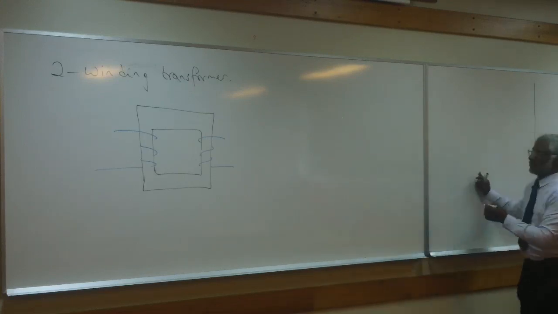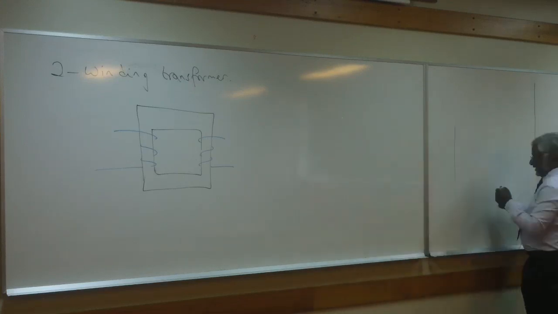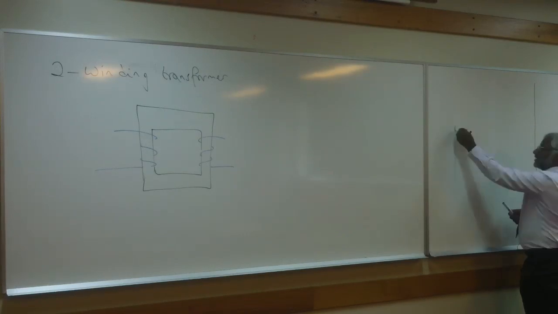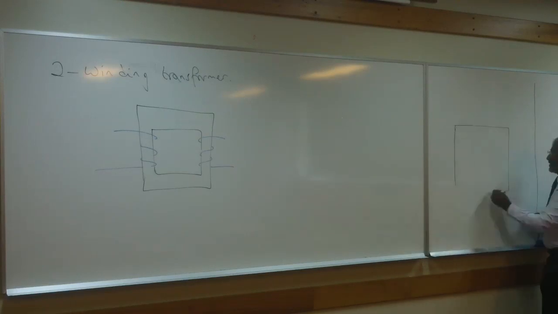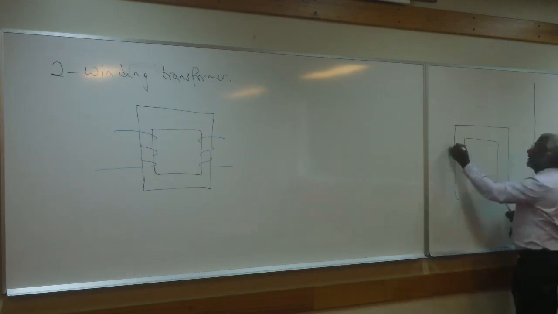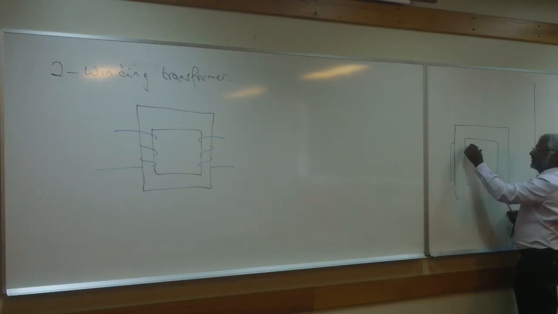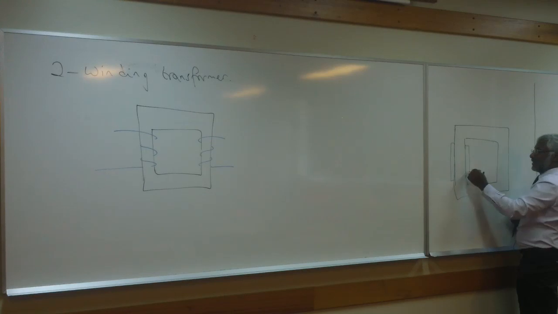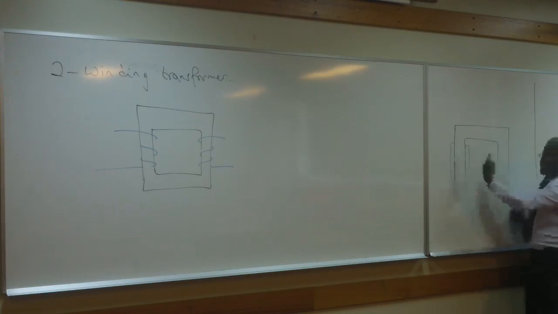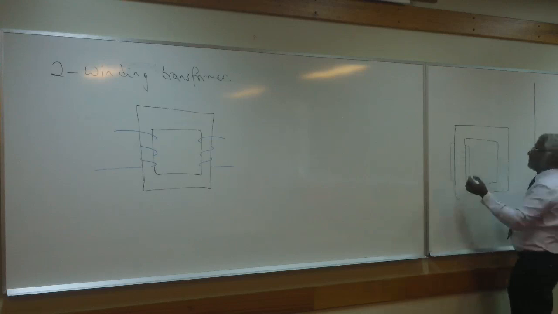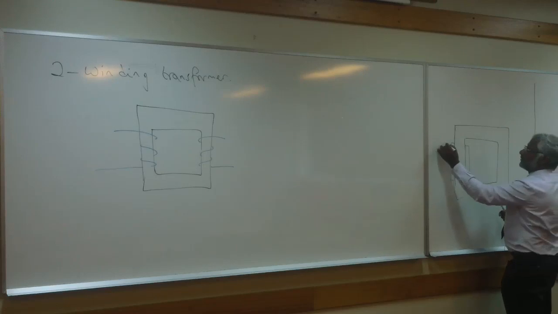And I'll temporarily put one here, so you realize if you had a 2-winding transformer, it's more likely to be like this. So you would have a winding on here, where, of course, this represents many turns that go like this, and you would have another winding.